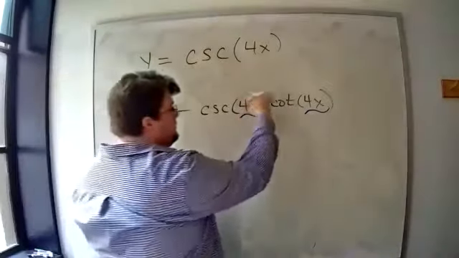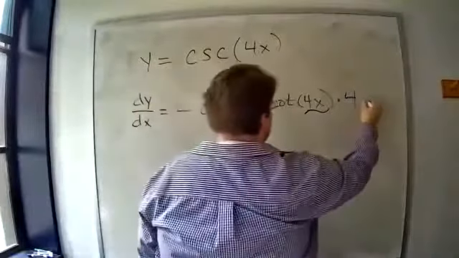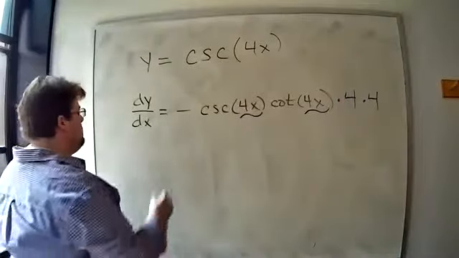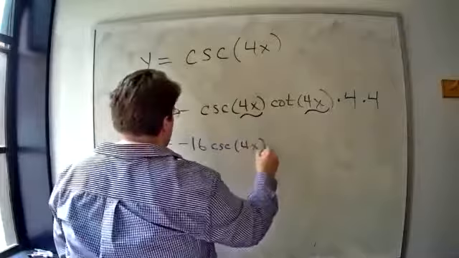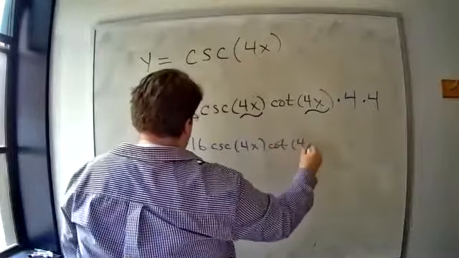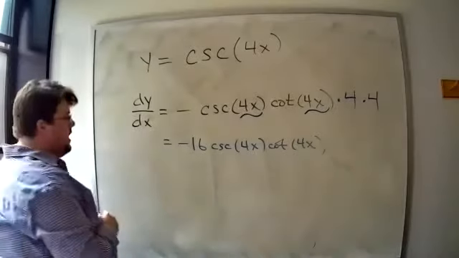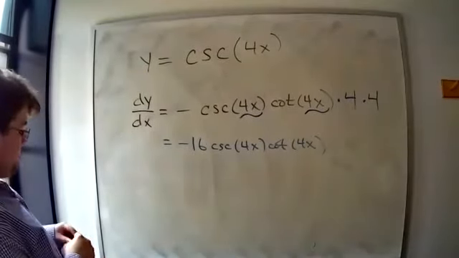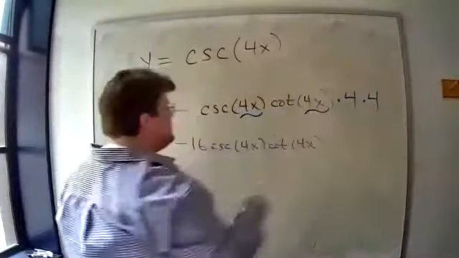Derivative of this 4x is 4. Derivative of this 4x is 4. Which would simplify to negative 16 cosecant 4x, cotangent 4x. So right here, I got that by multiplying by derivatives of inside quantities.